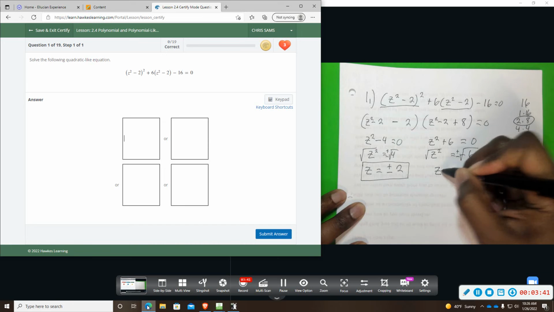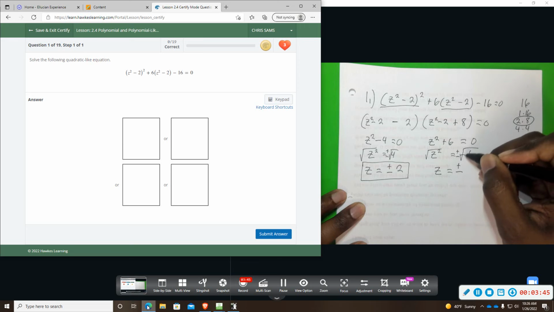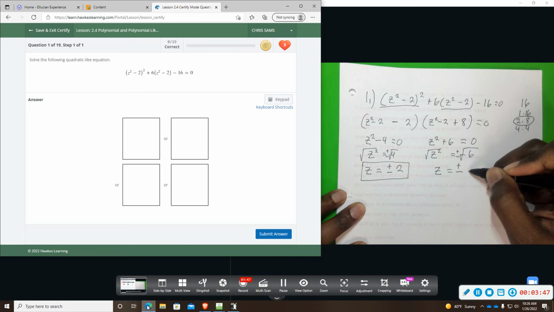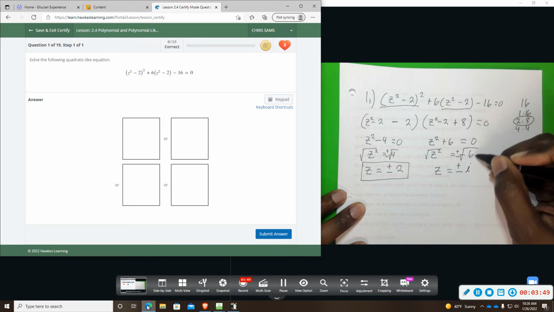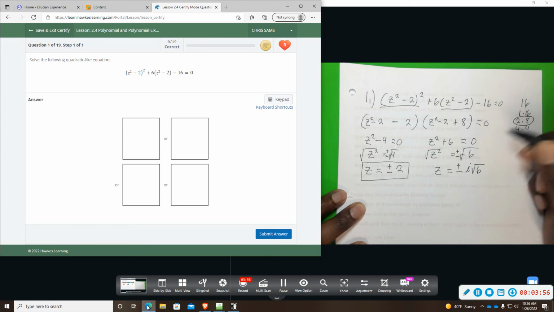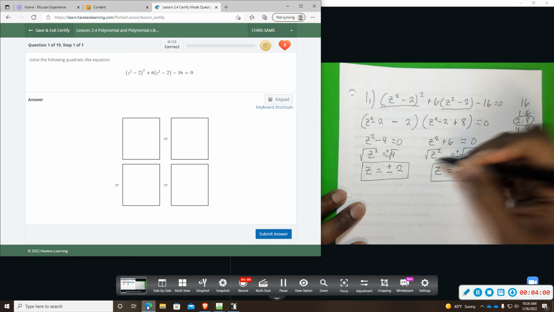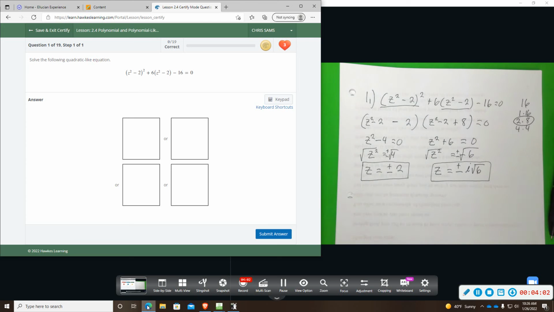And then over here, we get z equals positive or negative. Now, there's a negative under the square root, so that means imaginary, and 6 is not a perfect square, so we're going to leave it under the square root. So the square root of negative 6 is going to be positive or negative i square root of 6. So we get 4 answers. We're going to type them all in separately.